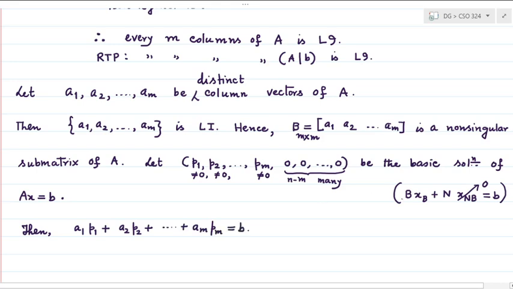That is the equation I have written, B xB is equal to b. Here you notice that none of these pi, i equal to 1 to m, is 0, and therefore by the replacement theorem that you have learned in your mathematics 2, let me repeat once again, the replacement theorem.